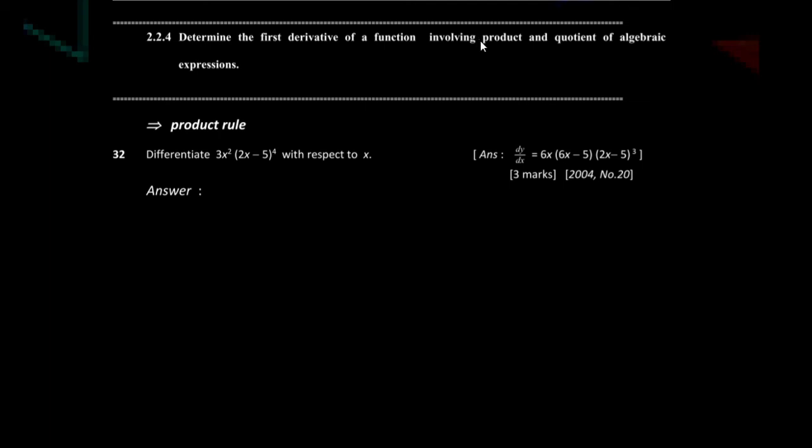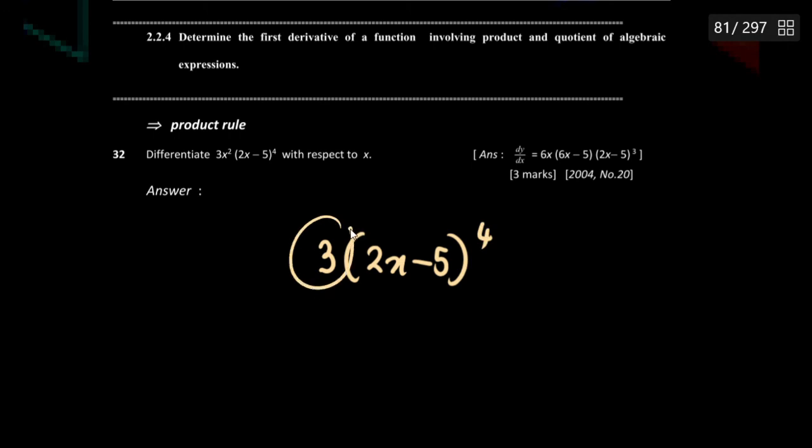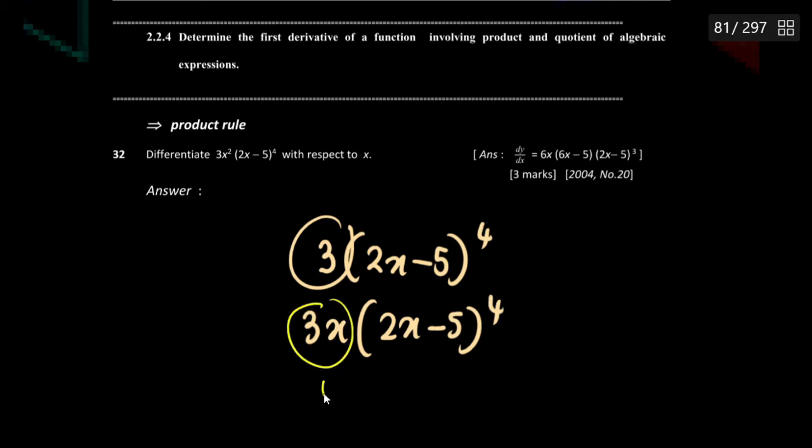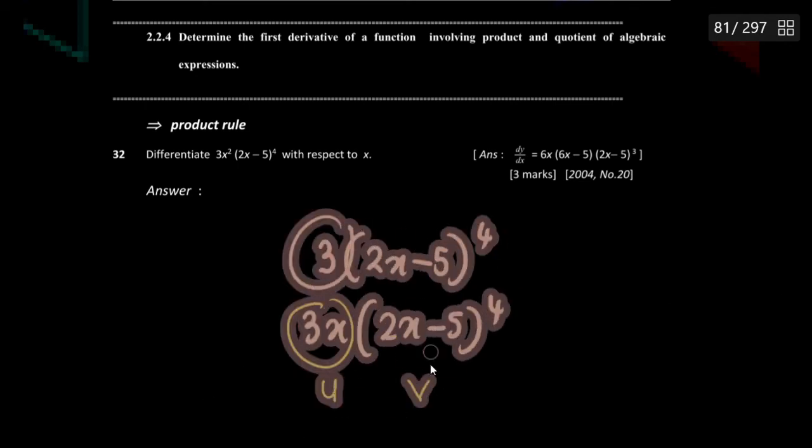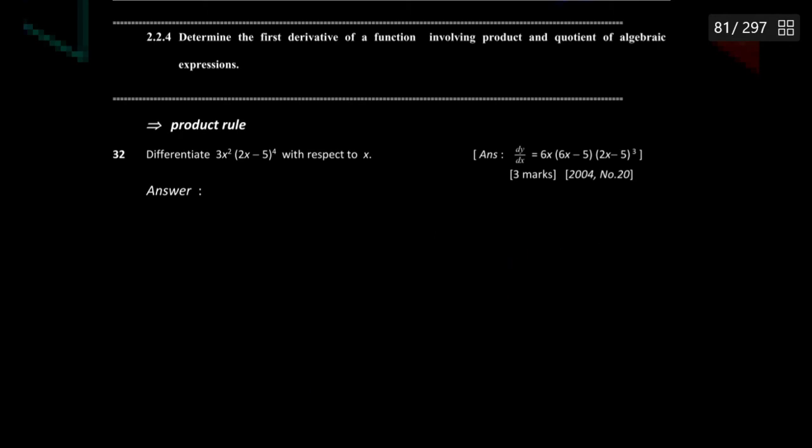Like just now with the chain rule, if I have a number only in front, I can use the chain rule. But if in front here there is an x, this is where you must use the product rule, because this will become the u, the one behind will become the v. So you cannot use the chain rule here. If in front there is a number only, yes, you can use the chain rule.